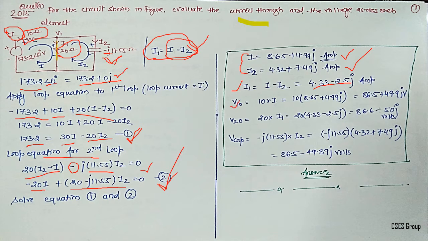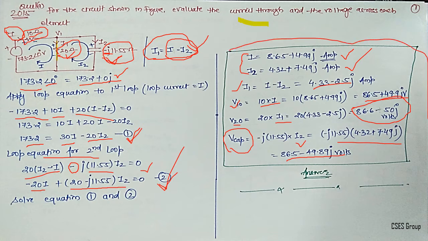The voltage across the 10 ohm resistance is 10 into I, which is 86.5 plus 49.9j. The voltage across the 20 ohm is 20 into I1, since the current flowing through the 20 ohm resistance is I1. So let us multiply that. And the voltage across the capacitor is the capacitive reactance, minus j11.5, multiplied by the current flowing through it, I2. If you do this calculation, you will end up with 86.5 minus 49.89j volts. So this is the complete answer for the question.